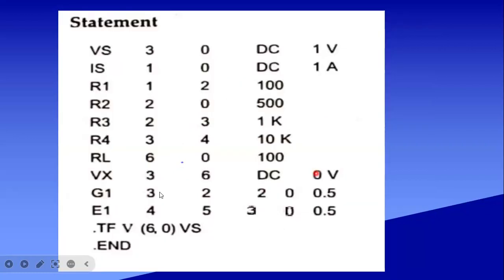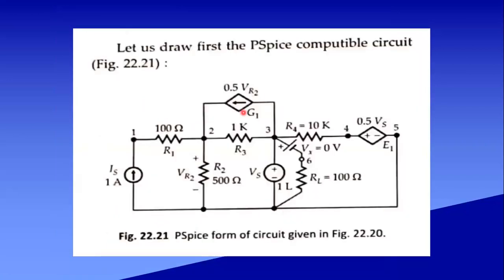In this way we write the program for a voltage dependent current source: G1 3 2 2 0 0.5, connected between 3 and 2, depending upon the branch voltage across 2 and 0, and the gain is 0.5.